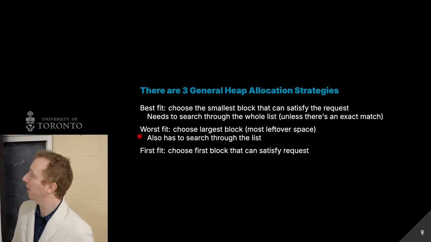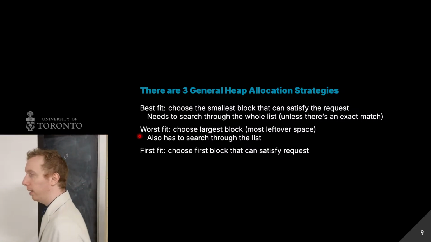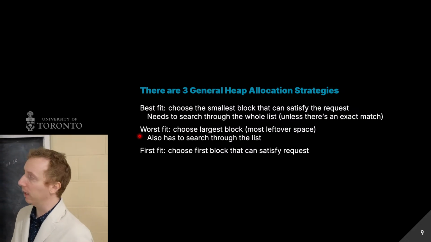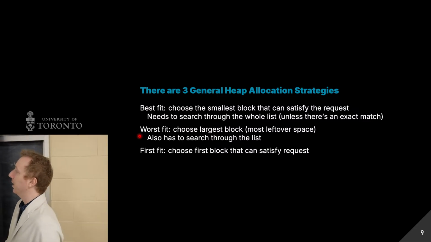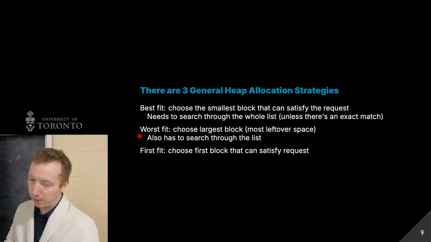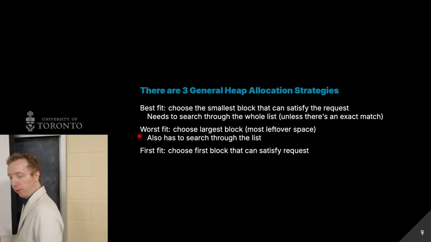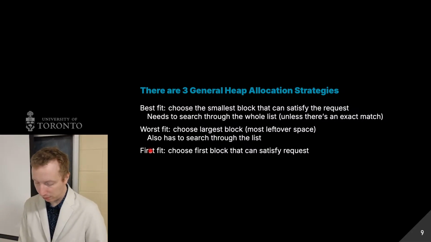There's worst fit, which sounds a bit silly, which chooses the largest block, or the most leftover space. Again, it has to search through the whole list. The intuition behind that is, if I allocate from the biggest block, then hopefully the leftover is still useful for something, so I maybe will reduce my fragmentation.